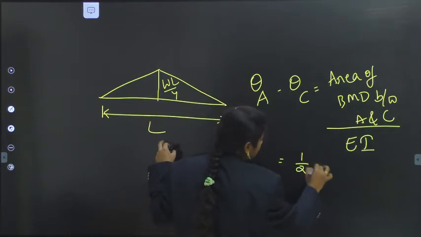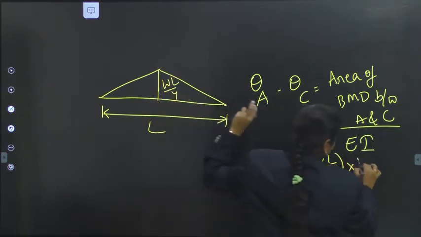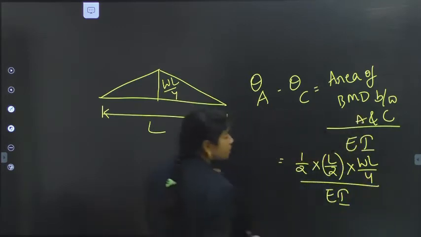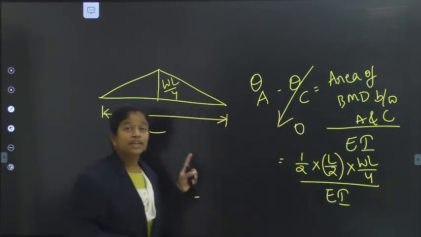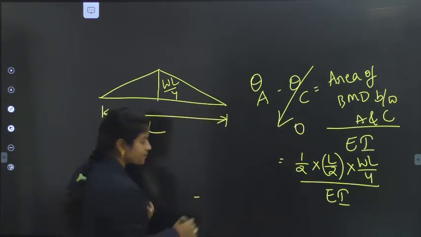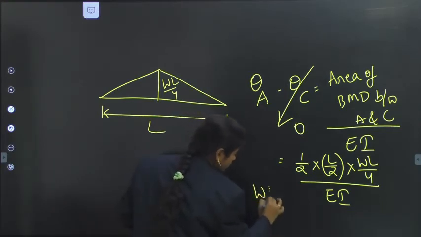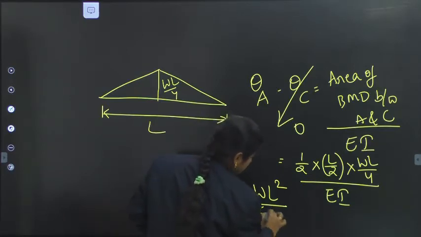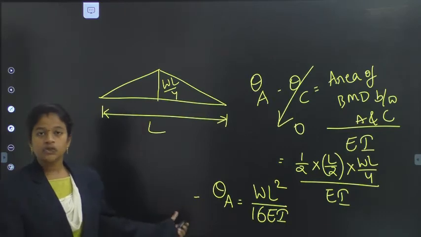That is half times base, L by 2, into height, WL by 4, divided by EI. And we have already said theta C is equal to 0, as at point C the deflection is maximum. That's why theta A is equal to WL square by 16 EI. In this way we can evaluate the slope at this point.